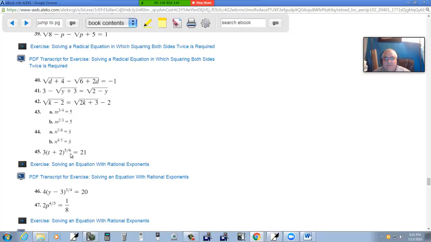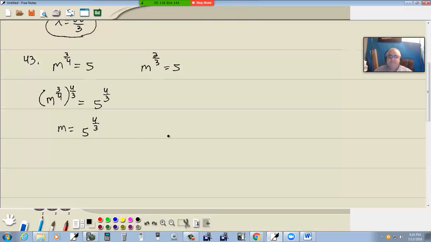Doesn't say which form to leave it in. This one, I do the same thing. I'm going to raise both sides to a power equal to the reciprocal, so I take both sides to the 3/2 power. 2's cancel, 3's cancel, and we got m is equal to 5 to the 3/2.